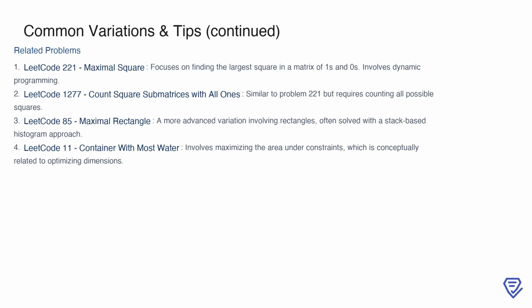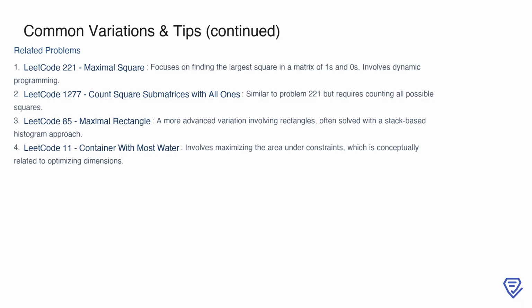Additionally, this problem connects to several related problems that can help you deepen your understanding. For example, LeetCode 221, Maximal Square, focuses on finding the largest square in a matrix of ones and zeros using dynamic programming techniques. LeetCode 1277, Count Square Submatrices with All Ones, is similar but requires you to count all possible squares, not just the largest one.